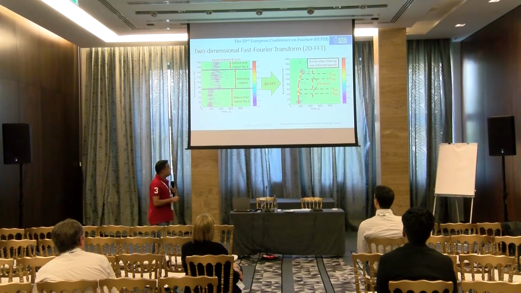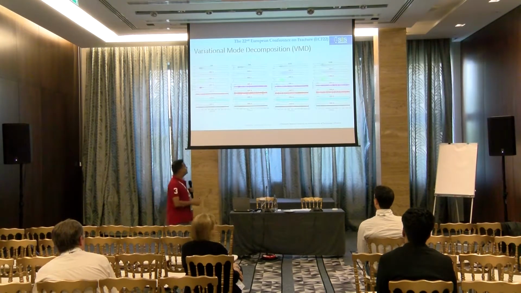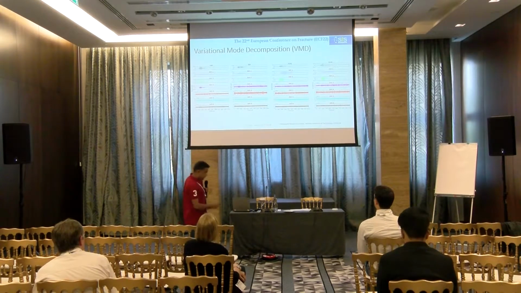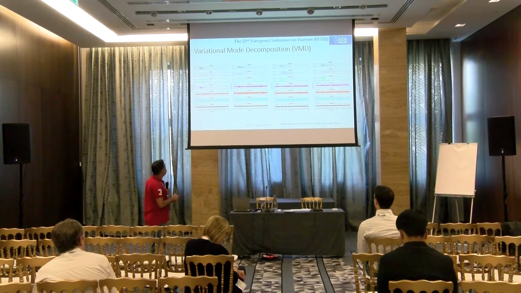In the defect-free region, 2 points, and in the defective region, 2 points we selected. Then we applied the variational mode decomposition technique. So we have the 4 signals, 2 signals in the defect-free region and 2 signals in the defective region, and then we apply the variational mode decomposition technique.